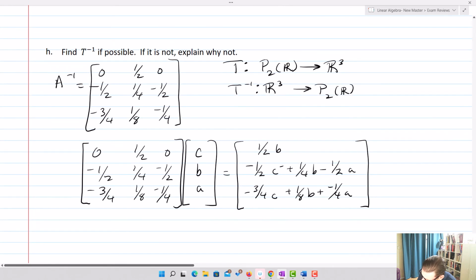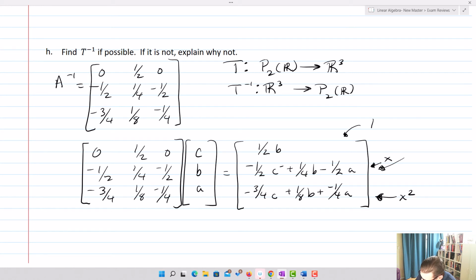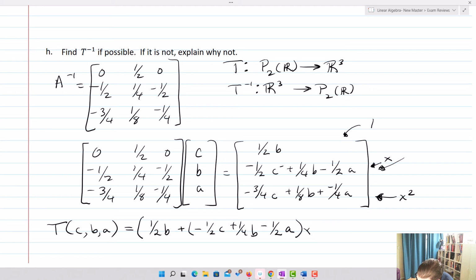Consequently, we're going to change this into a polynomial: constant at the top, then the 1x term, and the x squared term. So T inverse of CBA is going to equal 1/2 b plus negative 1/2 c plus 1/4 b minus 1/2 a x plus negative 3/4 c plus 1/8 b plus negative 1/4 a x squared. If you want to change it around and make it ABC, it's fine.